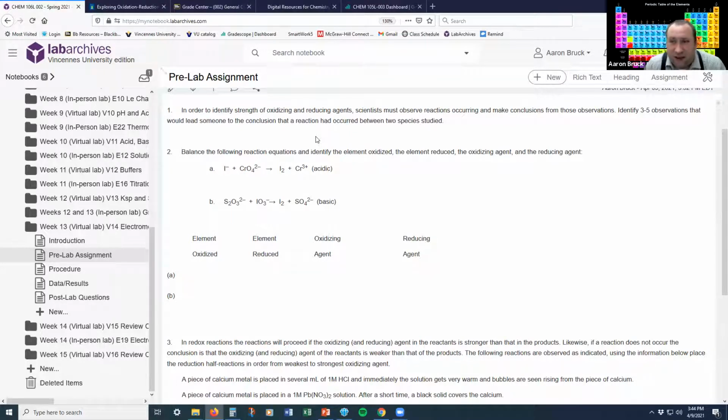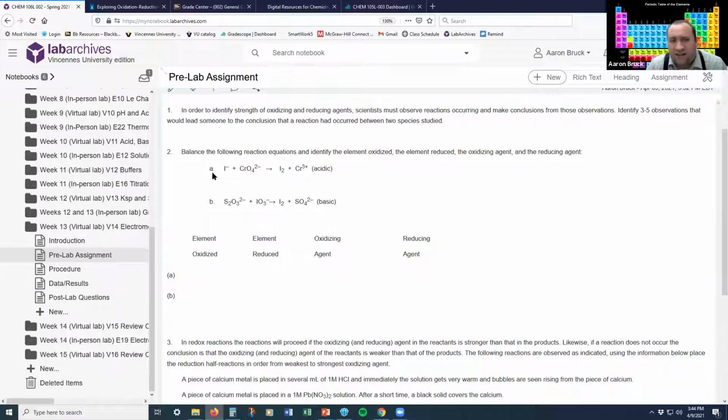And this is kind of like chemistry 101 here. What are the things that would tell us that a reaction is taking place? We'd be looking at things like color changes, evolution of a gas, evolution of a solid, changes in temperature, all of those kinds of things.